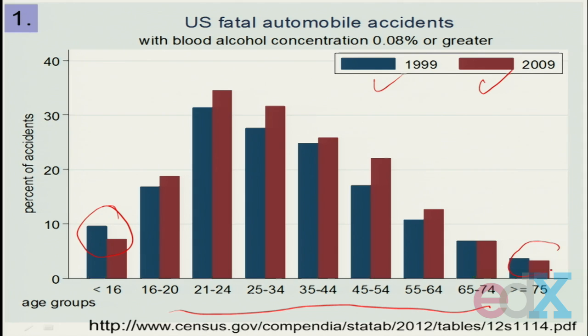There's been a decrease in those over 75 and a flat spot in the 65 to 74. But with everybody else between the ages of 16 and 64, there was an increase. There was an increase in the percentage of fatal accidents that involved alcohol. So something's going wrong here.